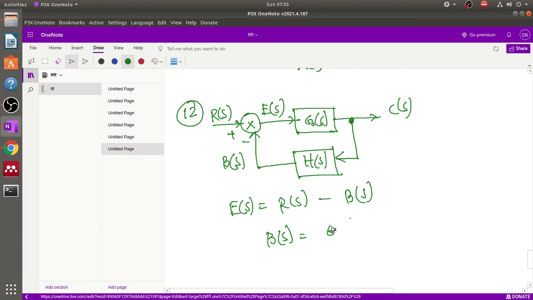Feedback signal is basically the mathematical expression by which CS goes into HS, right?